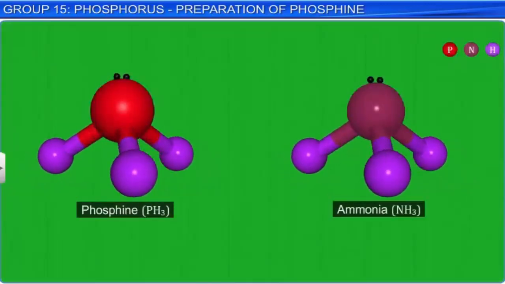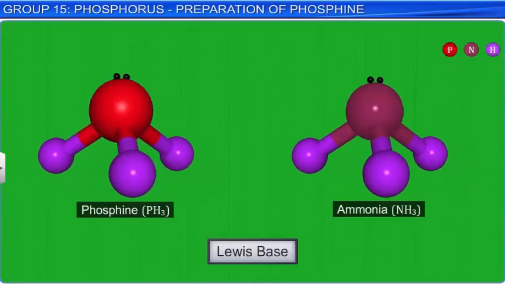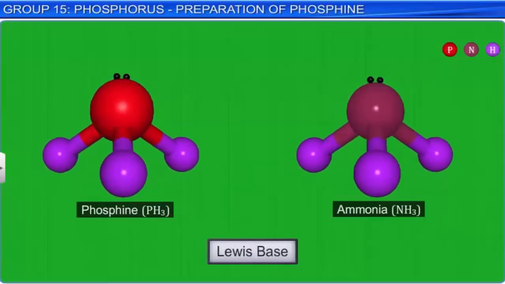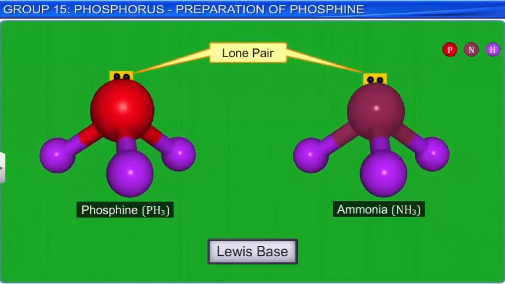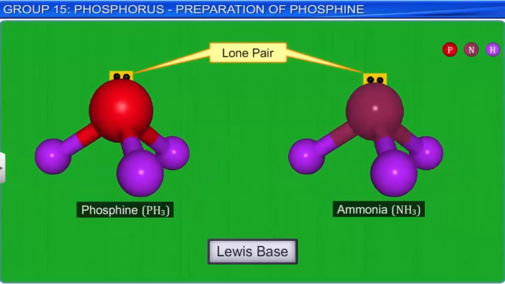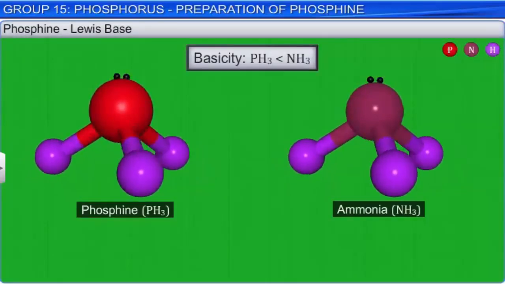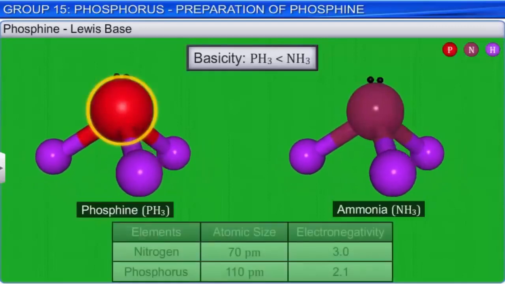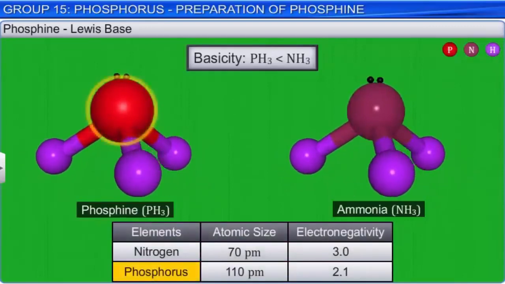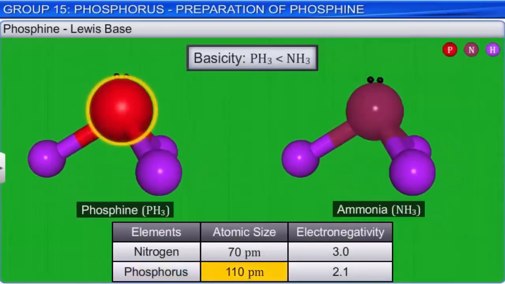Phosphine acts as a Lewis base analogous to ammonia due to the presence of a lone pair of electrons. However, it is a weaker base than ammonia because its central atom, phosphorus, is larger in size and less electronegative.